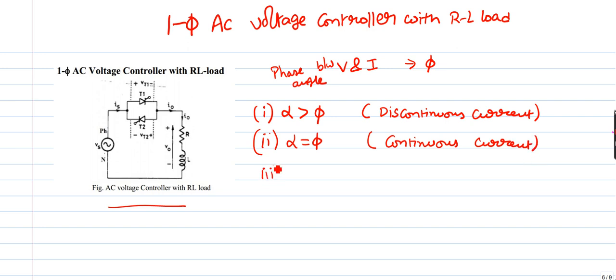If the firing angle is less than the phase angle, it also results in continuous current or continuous conduction mode. So based upon the relation between firing angle and the phase angle between voltage and current, we have three possible operations for this single phase AC voltage controller with RL load.